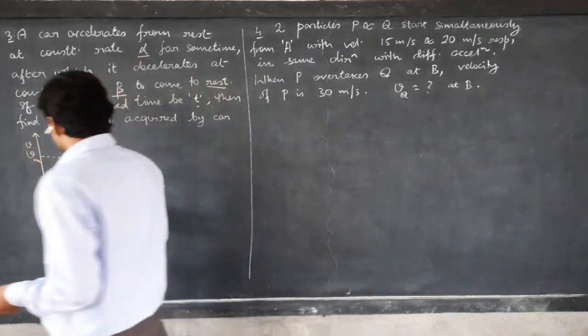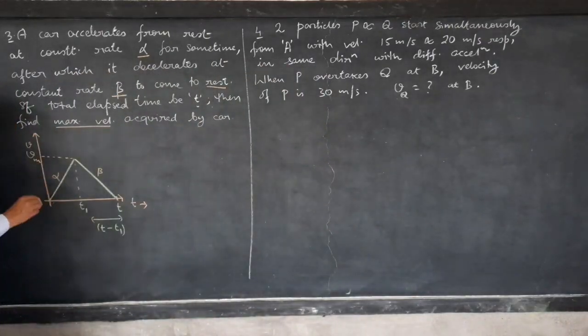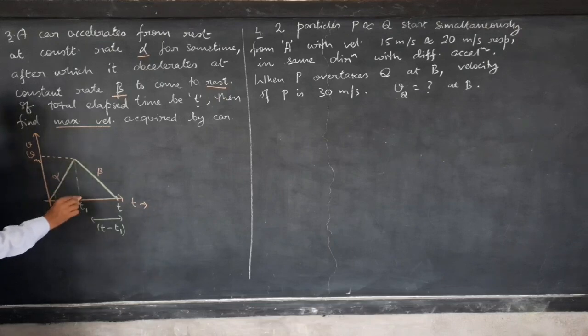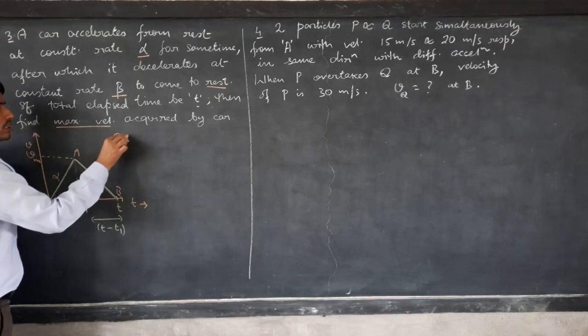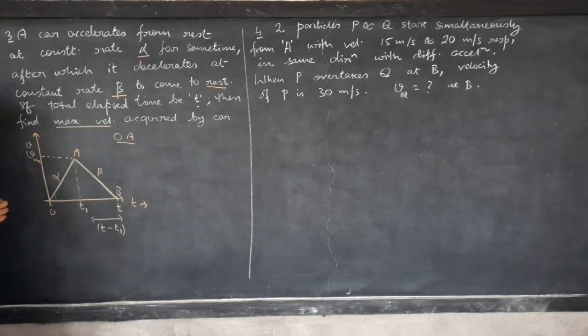We know the slope of the Vt graph gives acceleration. Its slope will be tan of this angle, which is perpendicular by base. Let me name the graph OAB. We are considering the part OA of the graph.